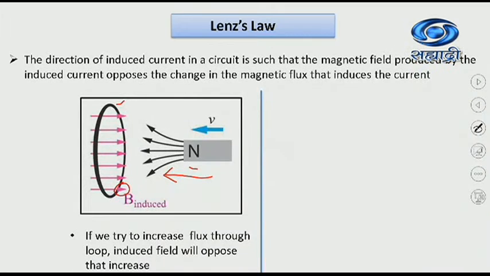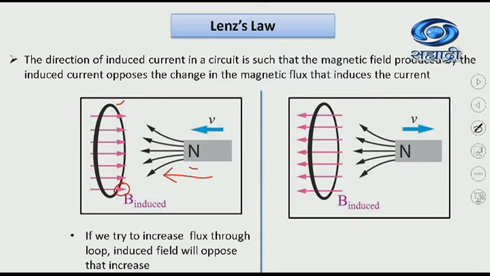So if you try to increase the flux through the loop, the induced field will oppose that increase. Another example: suppose the north pole of the magnet is taken away from the coil. That time, flux passing through the coil will be withdrawn, it will decrease. So the coil will generate its own magnetic field, which will try to oppose this decrease in the magnetic induction.